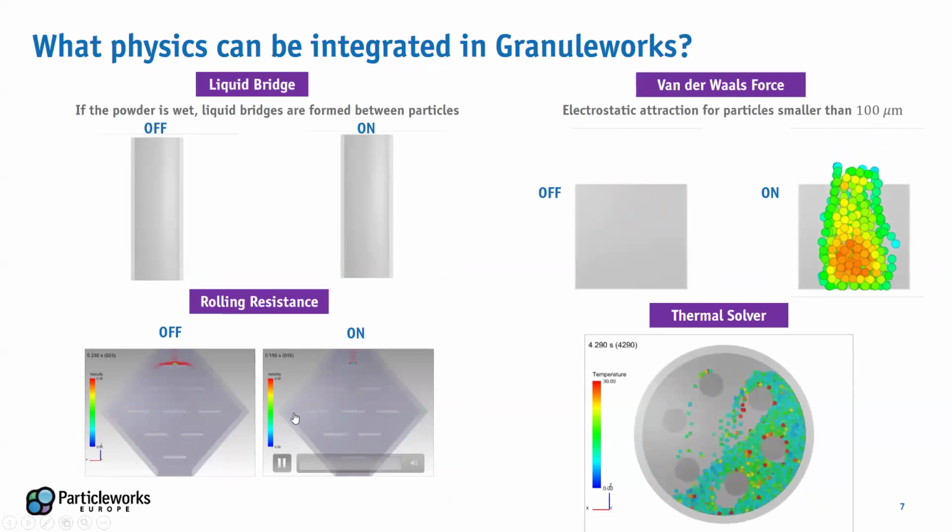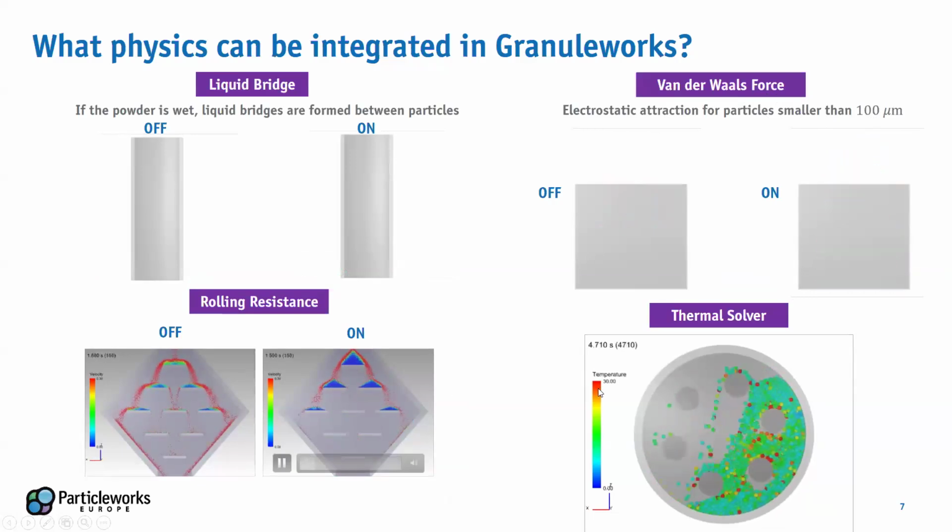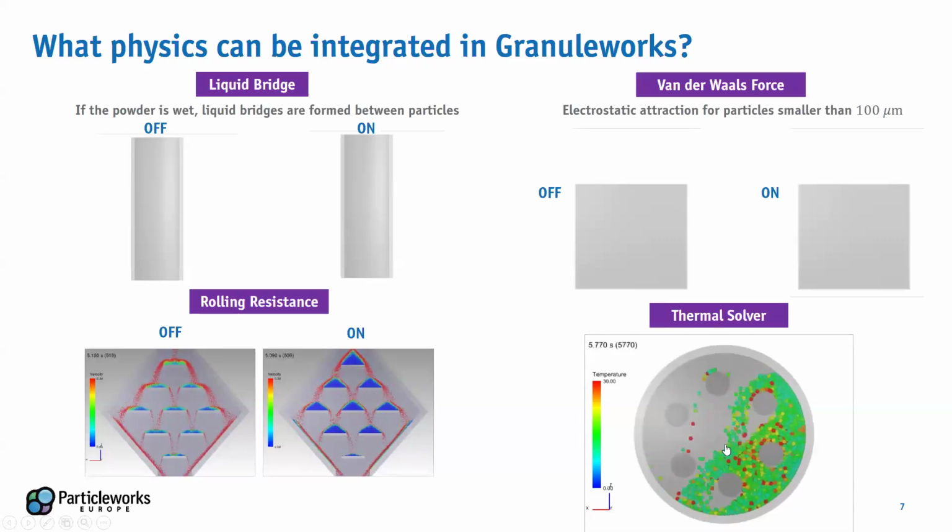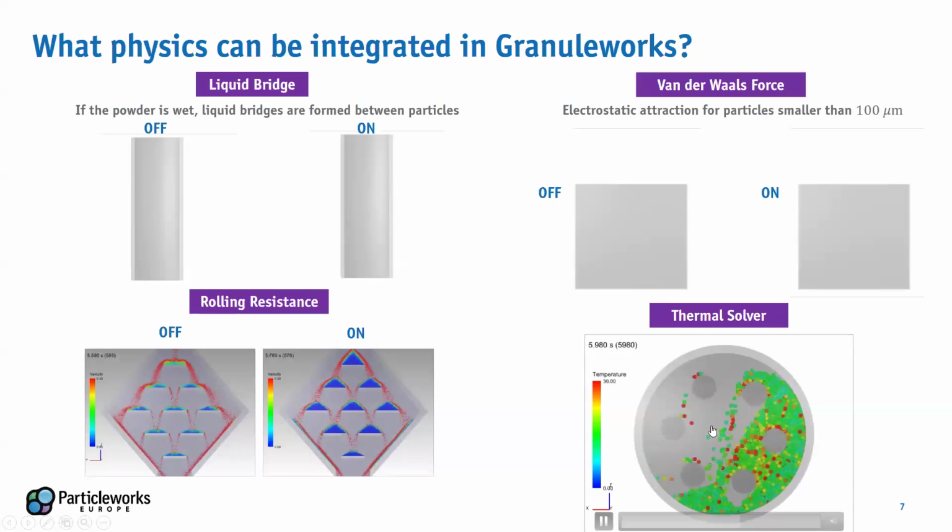Then we have a rolling resistance model, so the ability to have the interaction between particles and the losses between the walls and so on, and also the thermal solver. So we have the capability also to integrate temperature variation in the powder if we have different temperature on the walls, for instance.